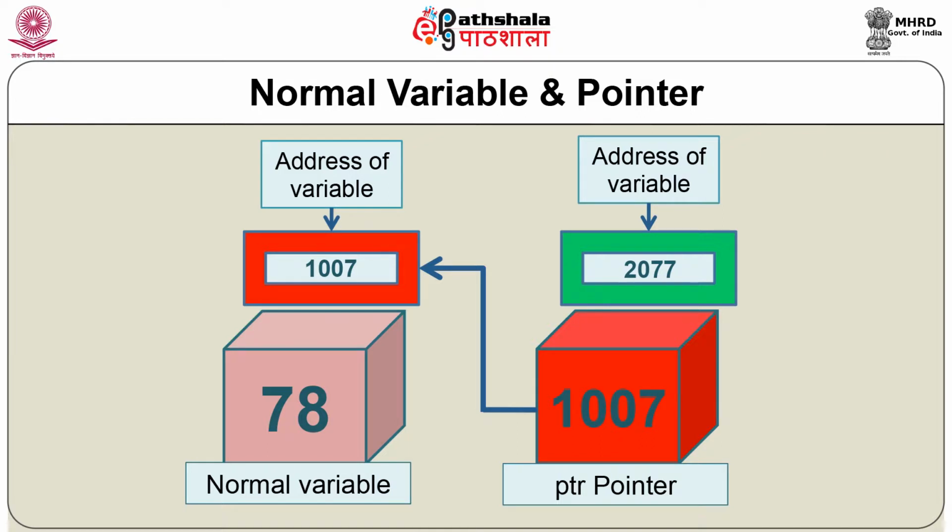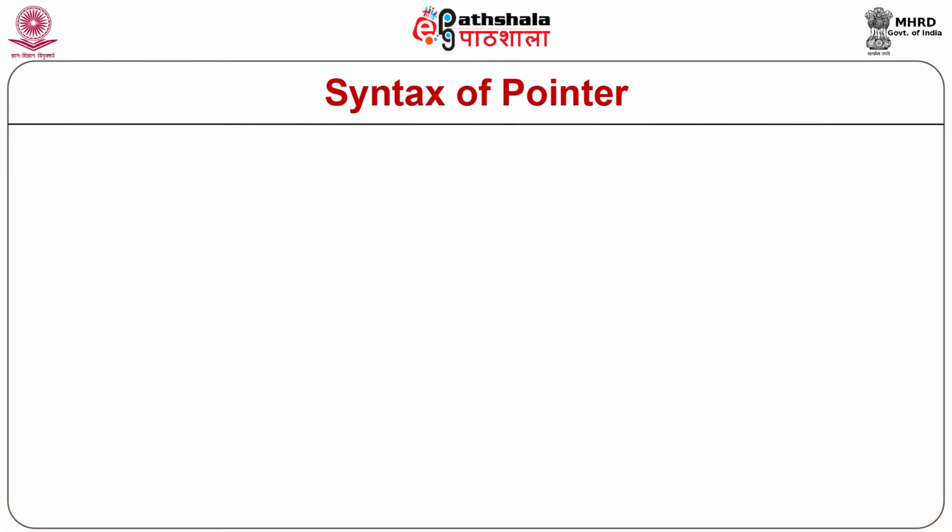The right block is a pointer variable, which stores the address of that variable, 1007. Note that a pointer is also a variable which has its own memory location. In this figure, 2077 is the address of the pointer, and therefore this figure is helpful for knowing the exact difference between a normal variable and a pointer variable.